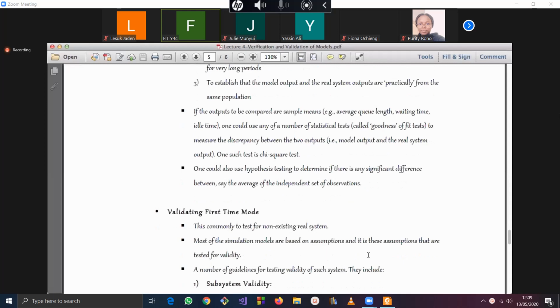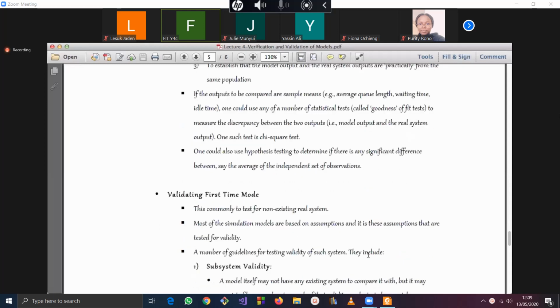In engineering, this is called calibration, right? Like you are actually setting, if for instance it's a machine, to the basic measures within which it's going to operate. And this is commonly used when you are dealing with quality systems. This is commonly used to test for a non-existing real system.